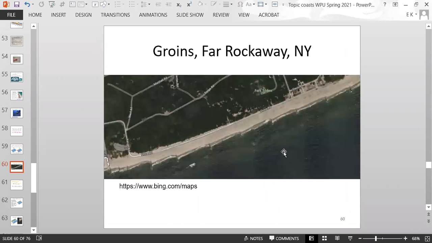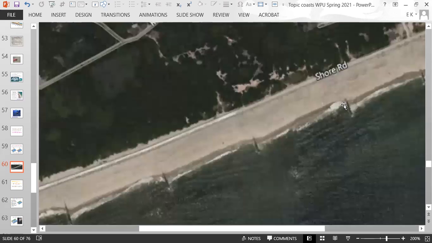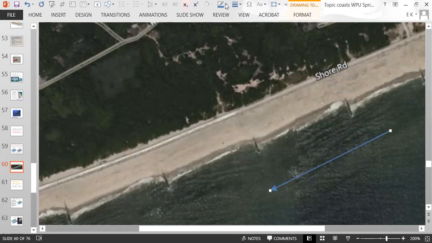And these are groins along Far Rockaway in New York. And you can see it allows for growth of the beach. Now, the transport moves in this direction. So you have a little bit of erosion on this side, and then the sand is transported this way and then it gets trapped right here.